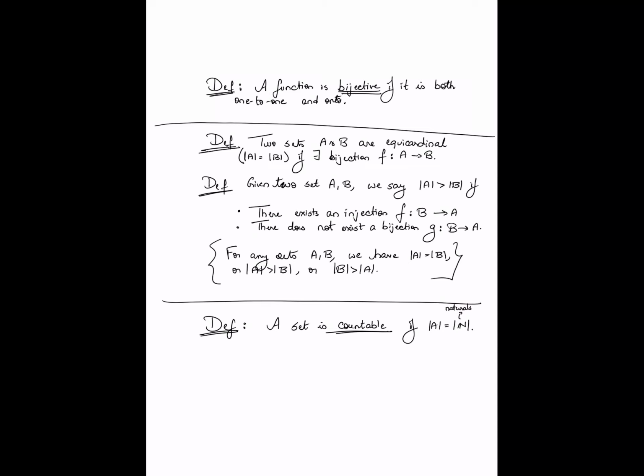Okay, so any set is countable if it is equicardinal with the natural numbers. All right, a set is at most countable if either it is finite or countable.